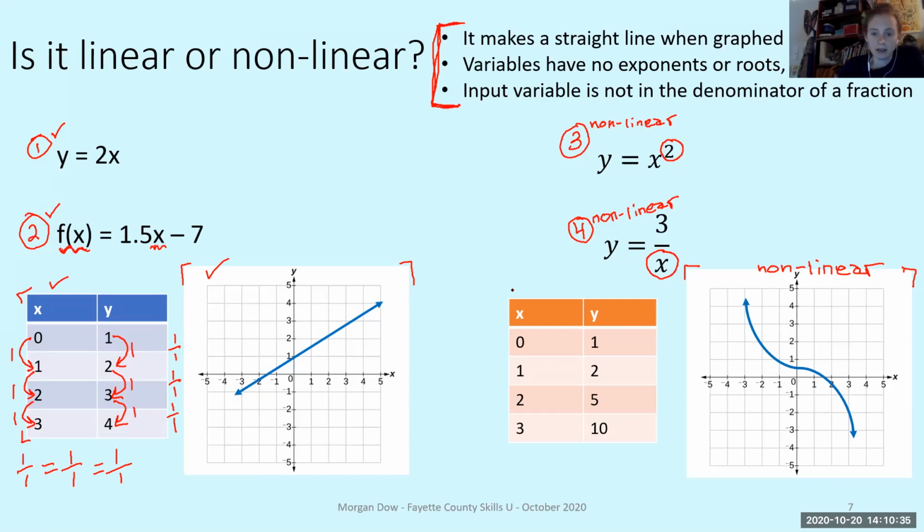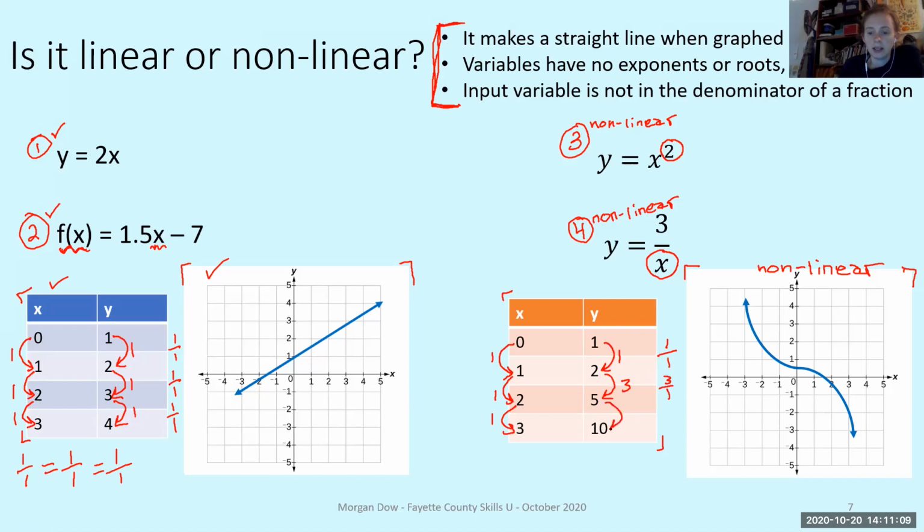Now let's go over to this other table. If we look down the x column, we'll see that it's the same change that's happening each time. Each time we go up an x value, we're going up by 1. But now when we go over here and look at our outputs, 1 to 2 is 1, so my ratio is 1 to 1. But then 2 to 5 is 3, so that ratio is 3 to 1.